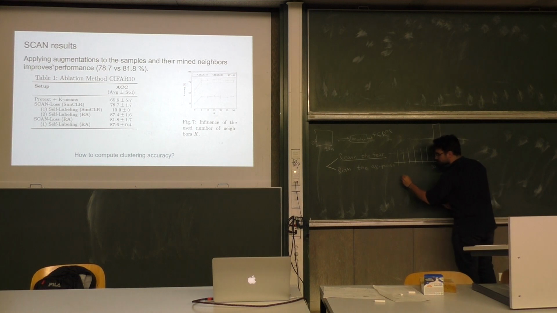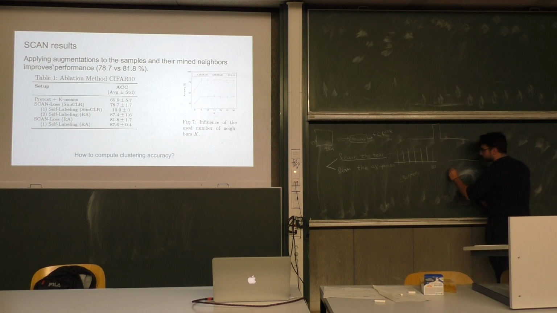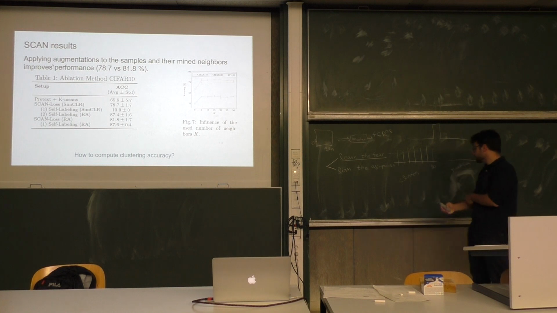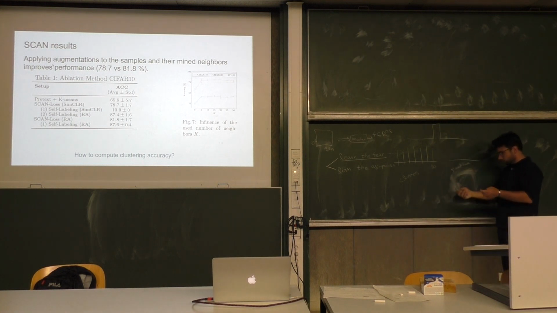So these are the clusters, and these are what I call the ground truth labels. For training you don't need any label supervision, but for the evaluation you need some supervised validation or test data, and those data are labeled.